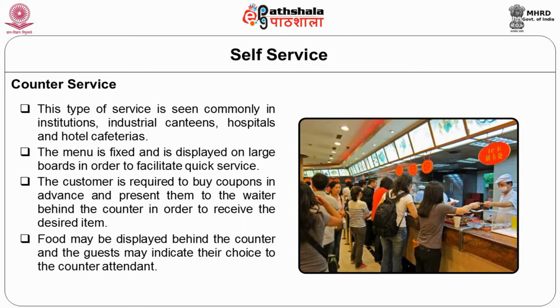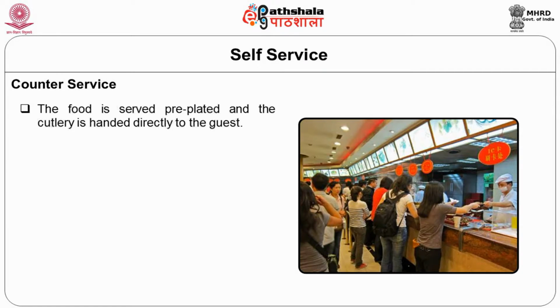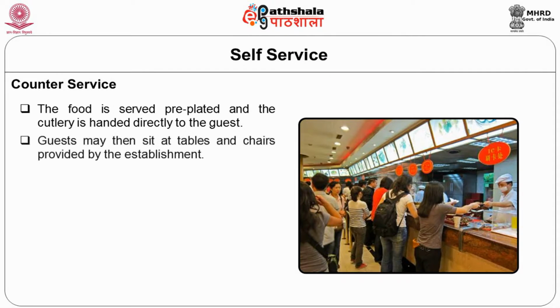Food may be displayed behind the counter and the guests may indicate their choice to the counter attendant. The food is served pre-plated and the cutlery is handed directly to the guest. Guests may then sit at tables and chairs provided by the establishment.